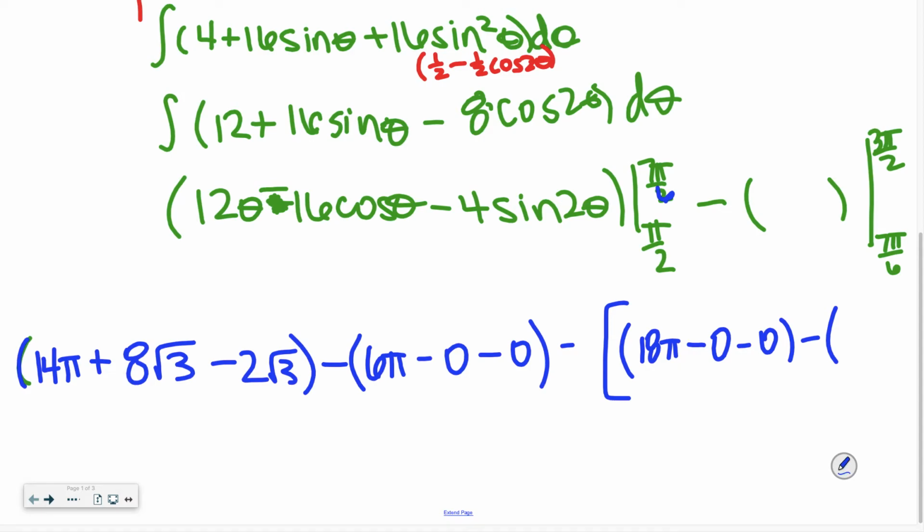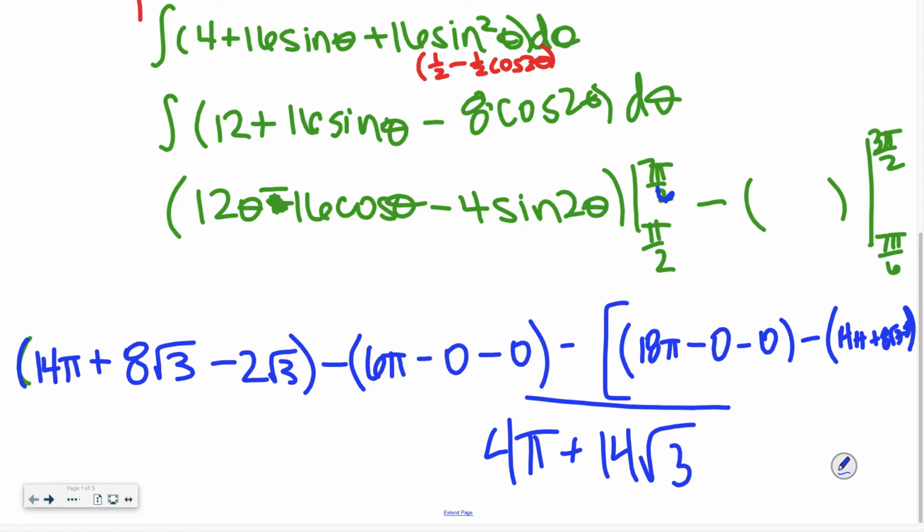It would just be a copy of that first one. The other one. And so we get 4 pi plus 14 radical 3. Nice.